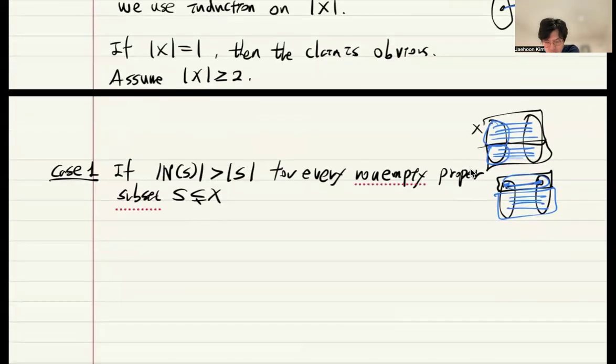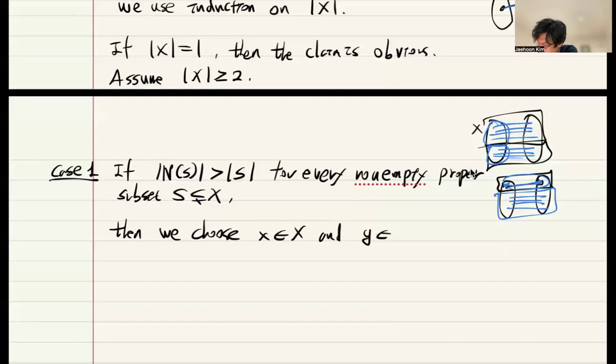So in that case, we choose an arbitrary element x in X and y in the neighborhood of x. This exists as N of x has size bigger than 1 by Hall's condition.